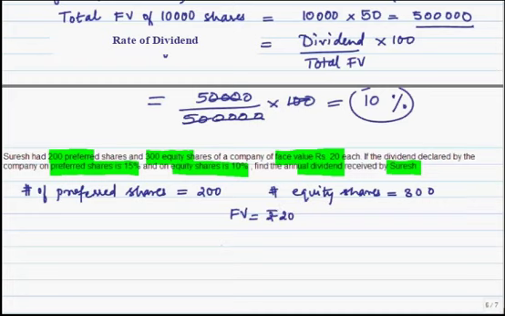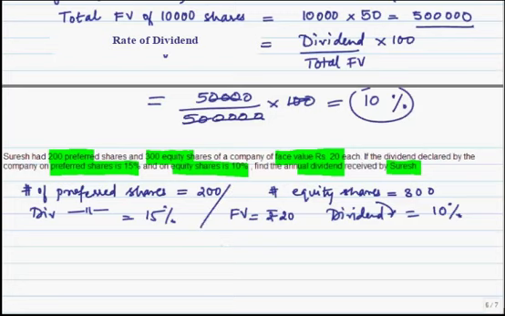Difference is the percentage of dividend. So dividend in case of preferred shares is 15% and dividend in case of equity shares is how much percent? 10%. What we need to do, we need to calculate dividend separately for preferred shares and separately for equity shares and then just add up to get the total.